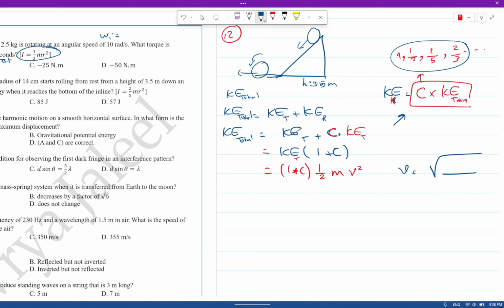All you have to do is just memorize this equation, and once again, it works with all those things that are rolling down here. So that is basically, we can say, V at the bottom tangential, that is the square root of 2 times GH, divided by 1 plus C. And I believe you know what is C by now. Okay, so let's find the velocity. 2 times 9.81. What is the height? 3.5 meters. And then 1 plus C.